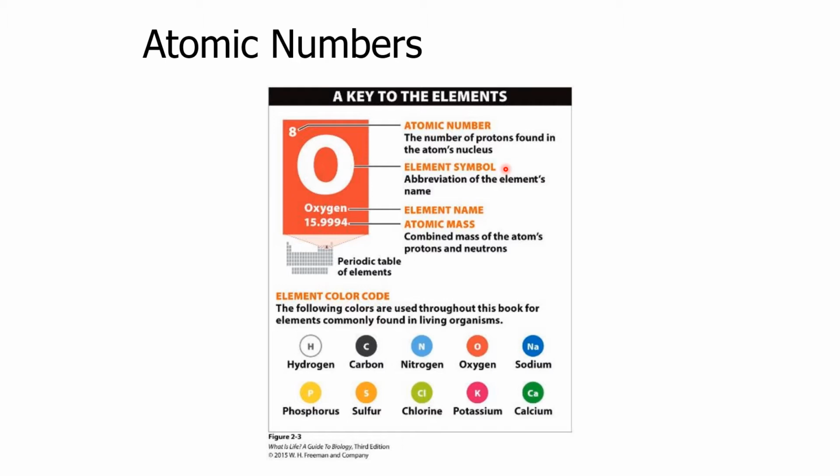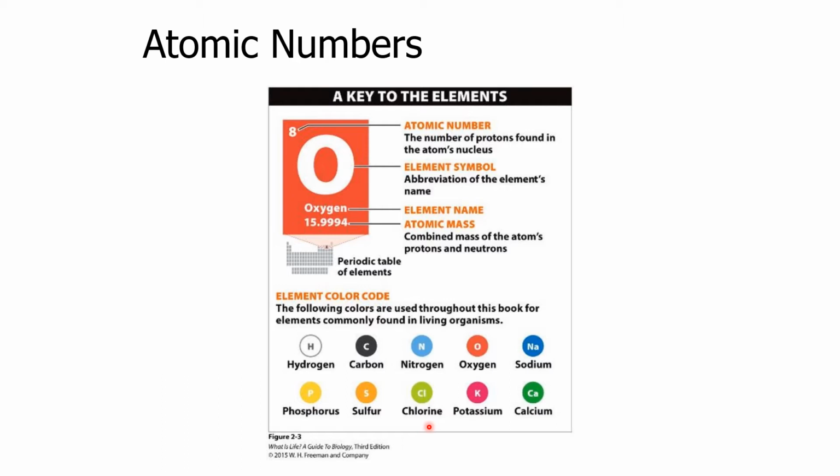So the letter O would mean that we are talking about the oxygen element. If you see H, that would mean it's the hydrogen element. C for carbon, S for sulfur, P for phosphorus, Cl for chlorine, etc.